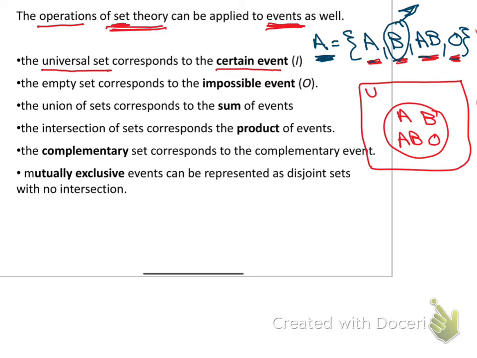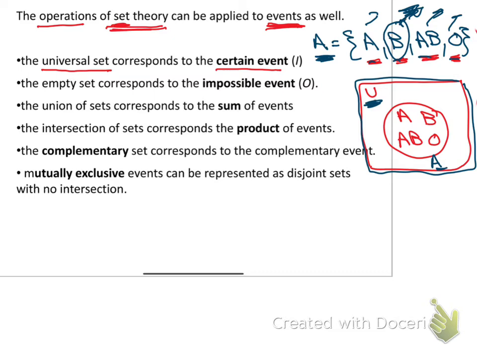If I picked one randomly, it could be B, could be AB, could be A, could be O. What is the probability that the selected person will have a blood group within the domain, within the universe? It is 100%, because the universe itself includes everything, including set A and any other things. In our case, blood group, we don't have any other groups.